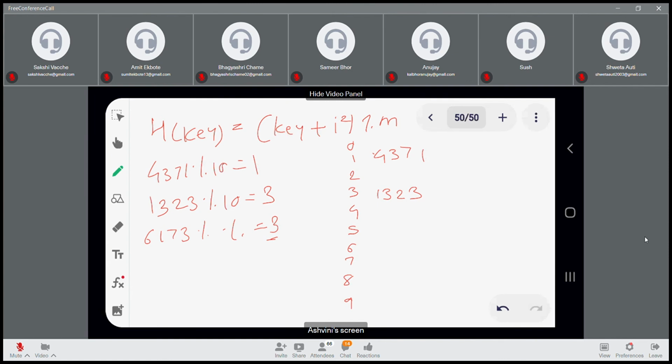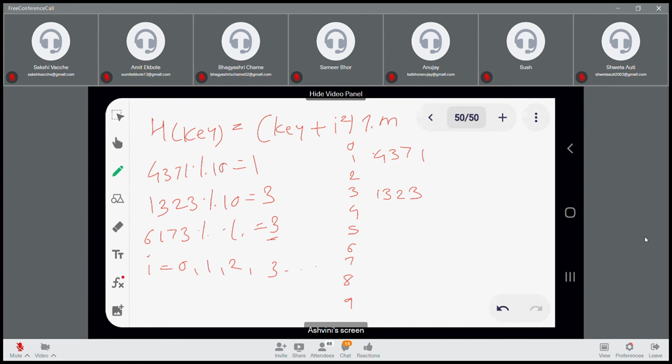Okay. So as collision occurs, we can apply the quadratic probing technique, that is the quadratic probing function. So for that, we have to consider the values of i as 0, 1, 2, 3, like this. Okay. So let's take 0.